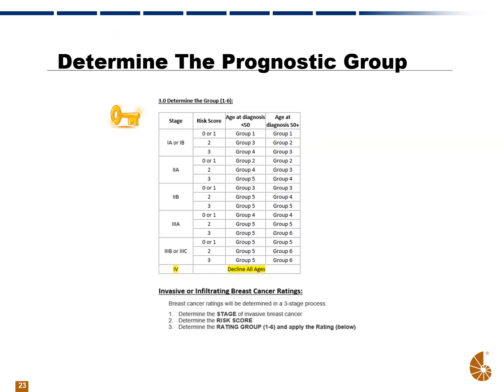So the way we use this risk score is after we get the stage of the cancer, we then partition off that stage along with the different risk scores, 0 or 1, whether the risk score is 2 or the risk score is 3. You can see that it puts people into different prognostic groups, and the higher the group number, the worse the risk.